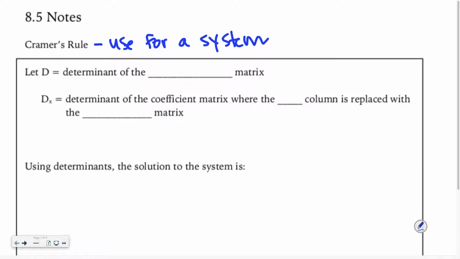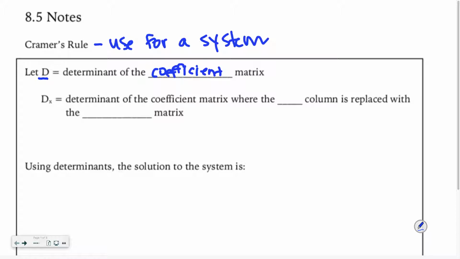So you may want to make a note to yourself that we're using this for a system of equations. If we have a system of equations, we are going to let D stand for determinant. D is going to be the determinant of the coefficient matrix.